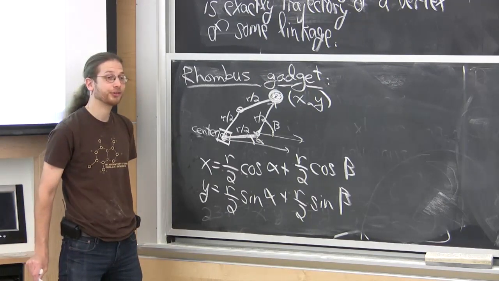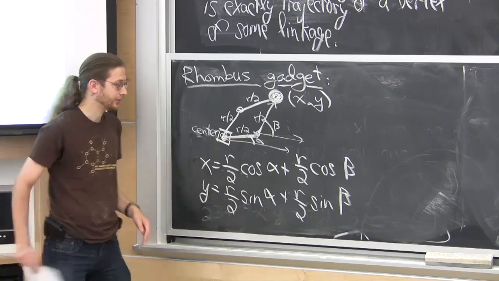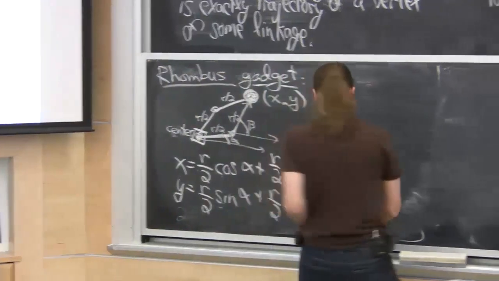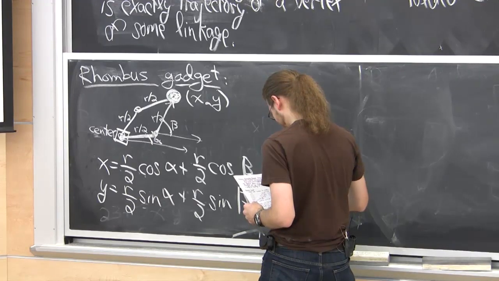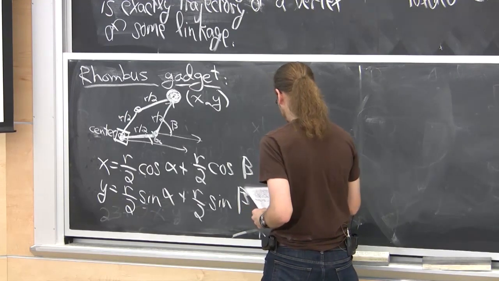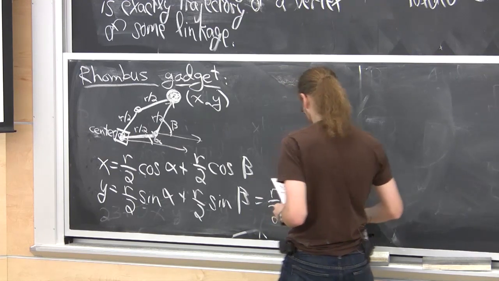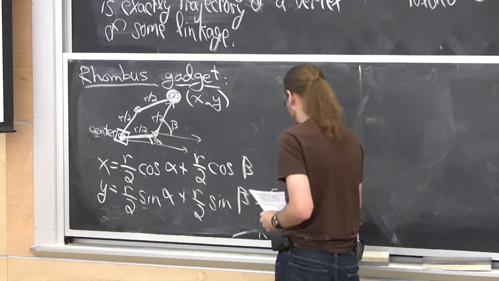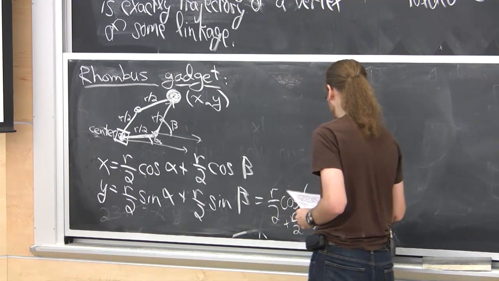For the purpose of this exercise, I prefer cosines over sines. So I'm going to rewrite these sines in terms of cosines in the obvious way, which I will look up, which is cosine of alpha minus pi over 2, plus r over 2 cosine of beta minus pi over 2.